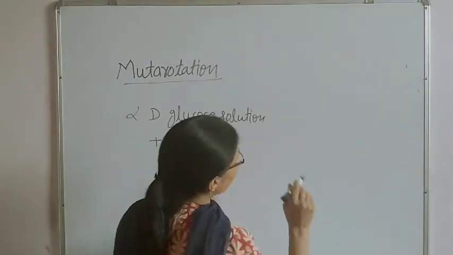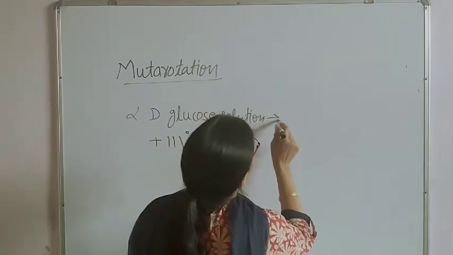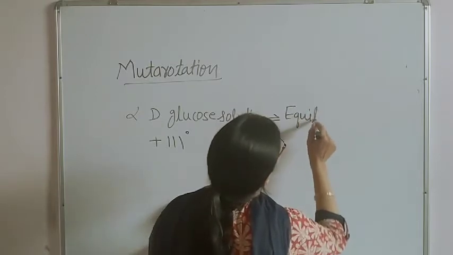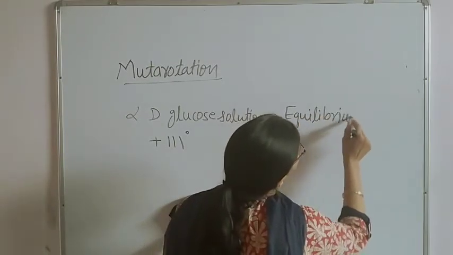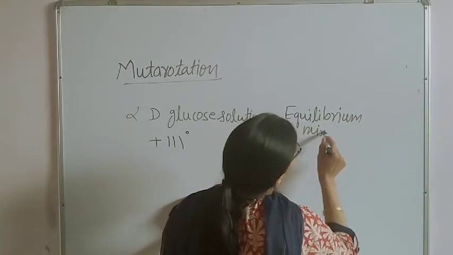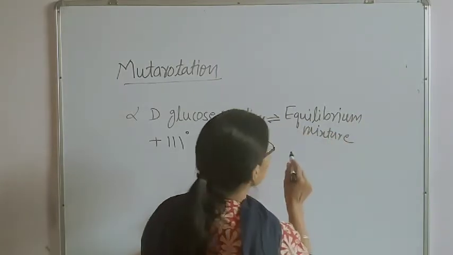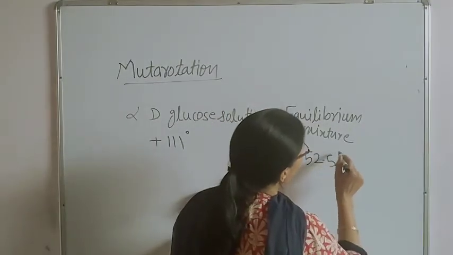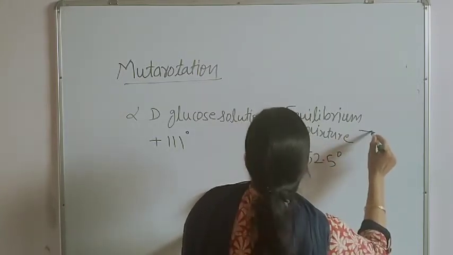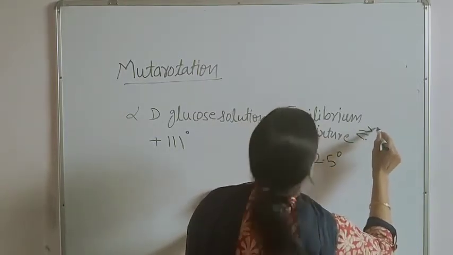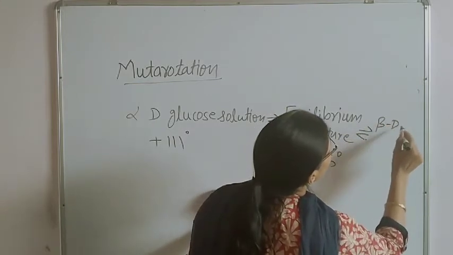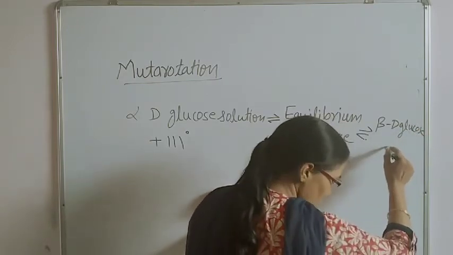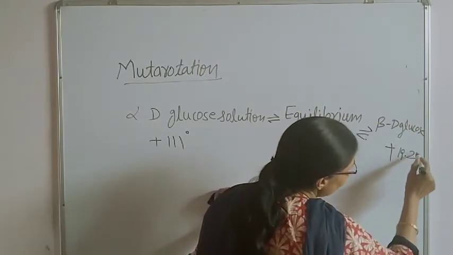Now, after keeping it, what will happen? After some time, there will be a particular solution we will get. Its specific rotation is 52.5 degree, and another form of glucose, beta D glucose, has a specific rotation of plus 19.2 degree.